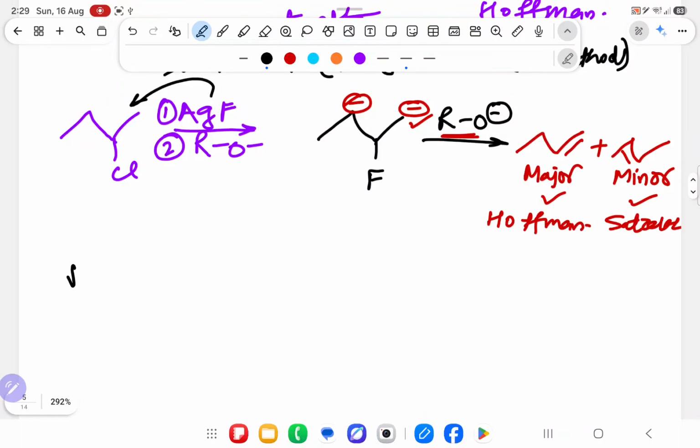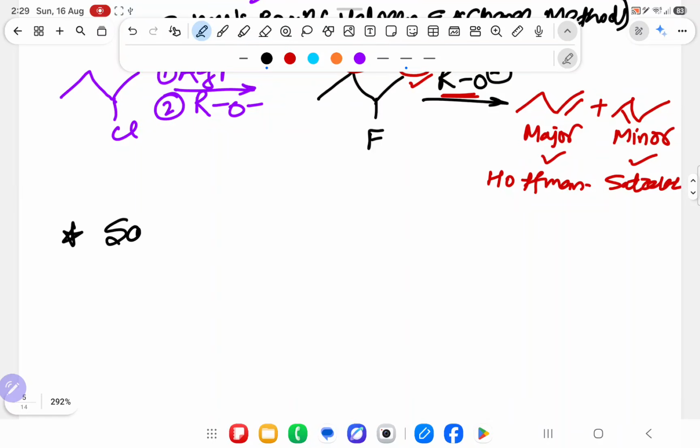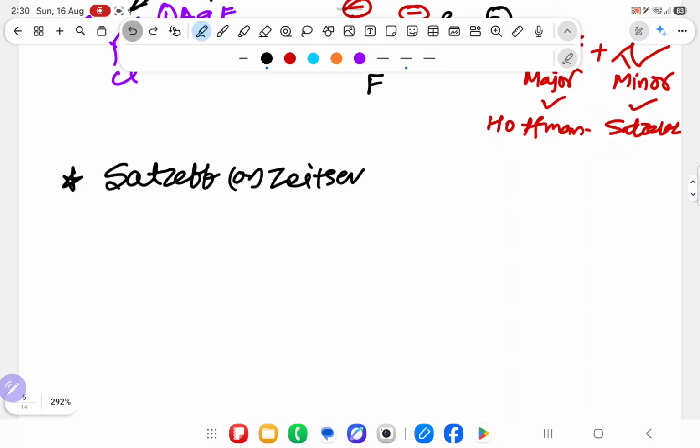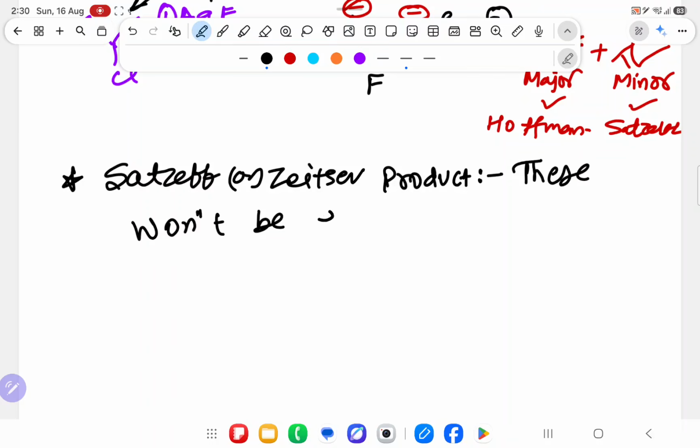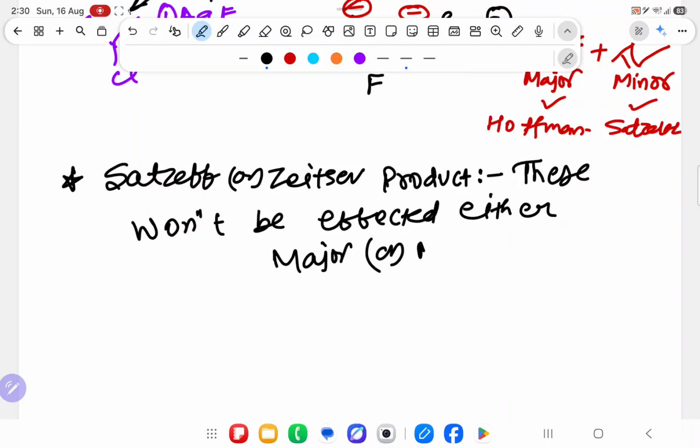Lots of examples I will take, but I am going to write one more example, that Saytzeff or Hofmann product. Understood this part? If not understanding, message me again. These won't be affected by major or minor product.